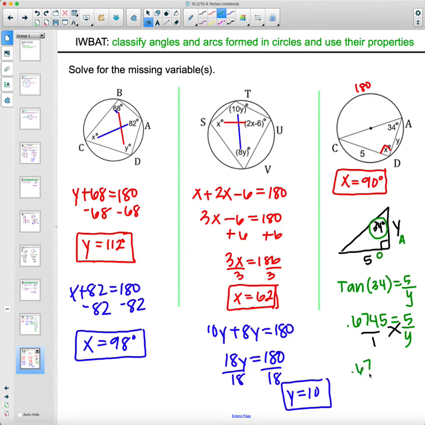So you get 0.6745y equals 5. Divide by 0.6745. So 5 divided by 0.6745, and we get y equals 7.41.